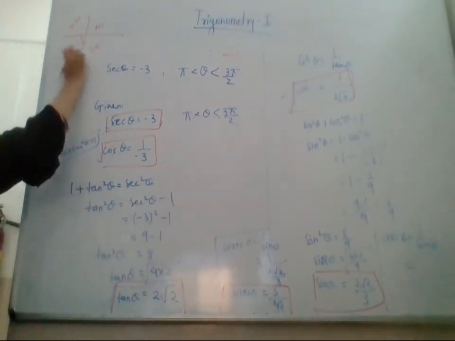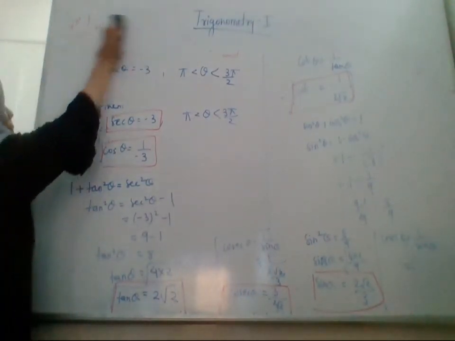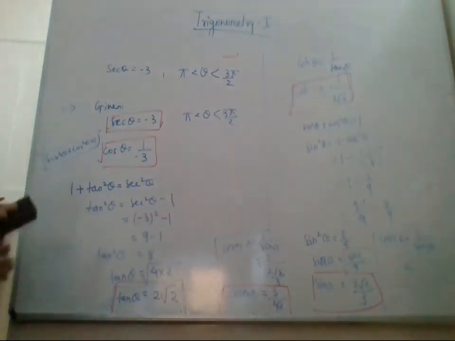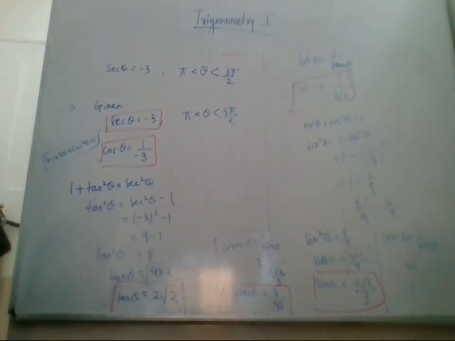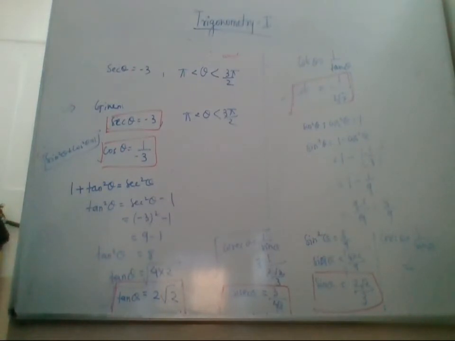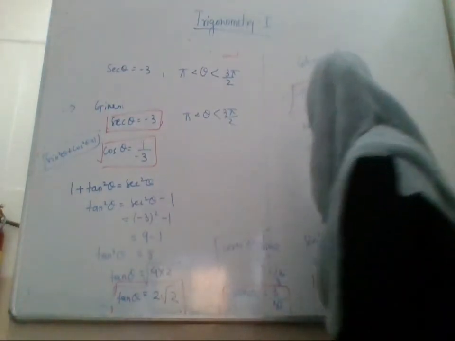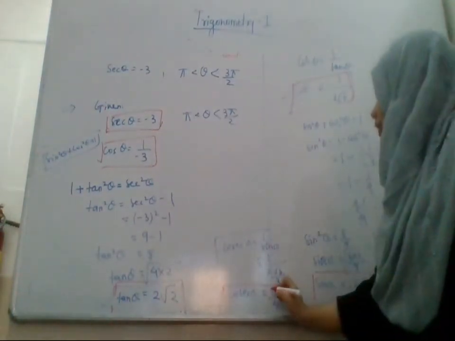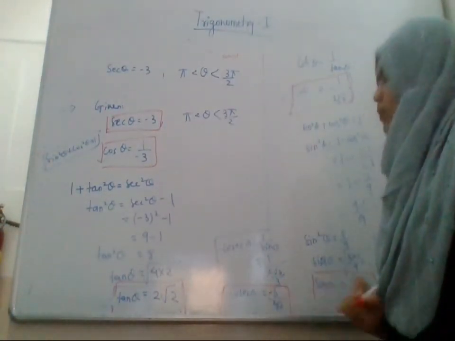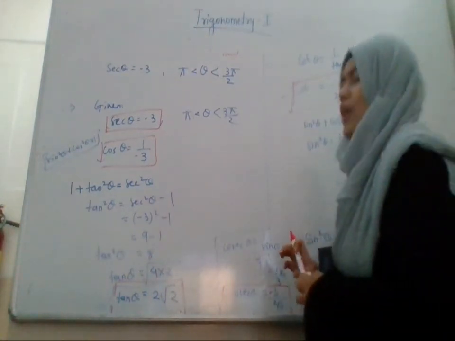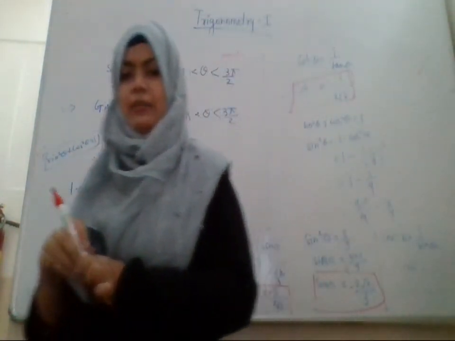So here only tan will be positive and the rest all will be negative. Only tan and the cot will be positive, and sine and cosec will be negative. So you have to be very particular about sine.